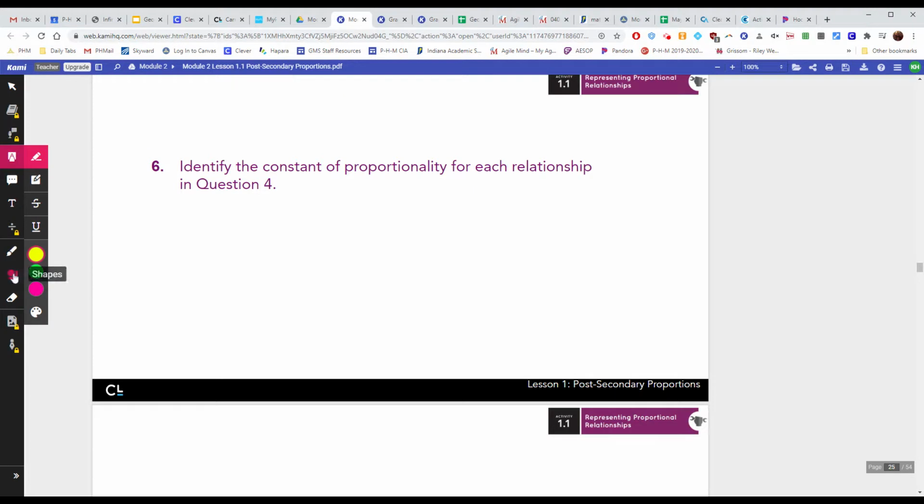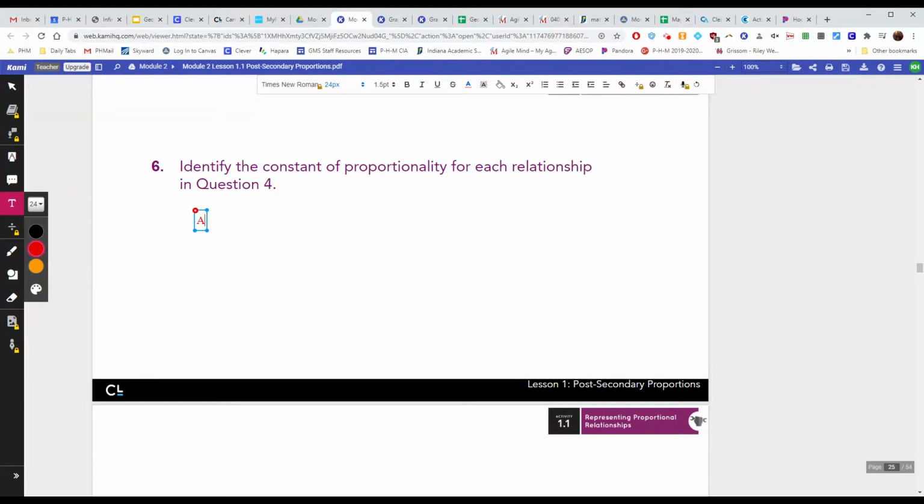So let's just kind of summarize. So part A, the constant of proportionality was 3/5, right? So in A, it equaled 3/5. For part B, the constant of proportionality equaled 2/5.